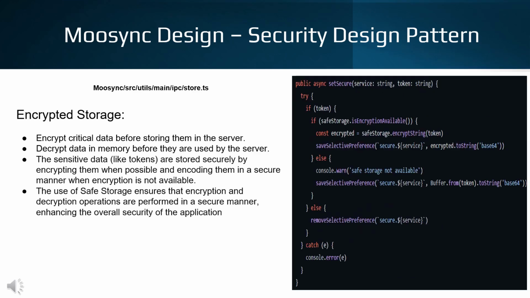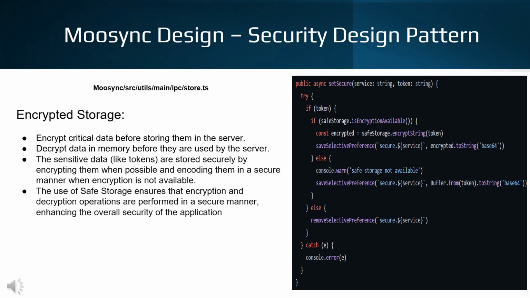The next security design pattern is encrypted storage. This application utilizes an encrypted storage security design pattern to ensure the protection of sensitive data such as authentication tokens. This is done using the store channel class, where we handle secure storage operations for these tokens.